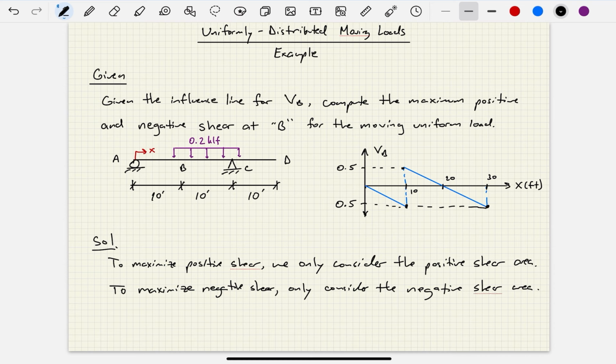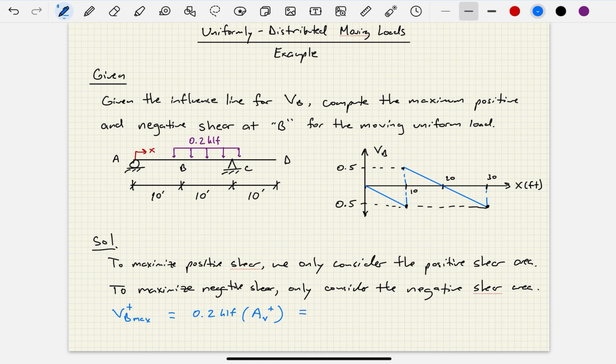So let's go ahead and tackle this. We're going to say VB max, and I'm going to put a little plus sign here for positive. We're going to use the positive area from the shear influence diagram. So I'm going to say 0.2 KLF times AV positive. I'm putting the V here for shear, so the positive shear area.